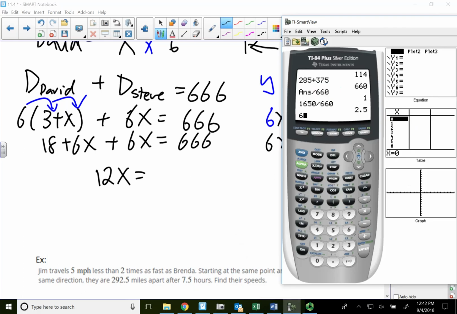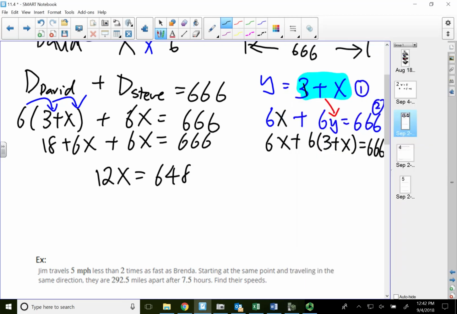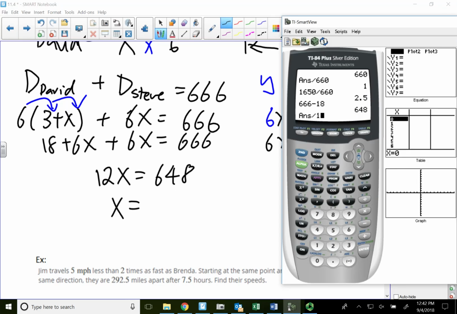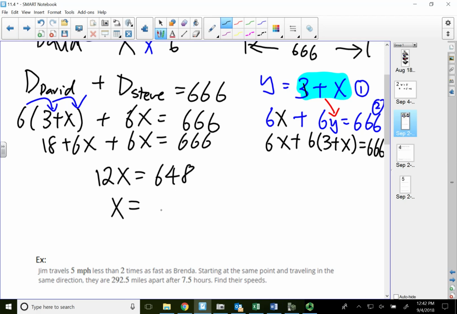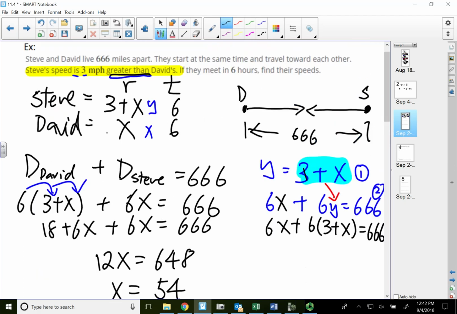That will be 666 minus 18, which is 648. Divide both sides by 12. My answer, x equals 54. And who does x represent? The speed for David. So David is going to be 54 miles per hour. Steve is 3 miles per hour greater. That will be 3 plus 54, which is 57. Okay, that's all we do.